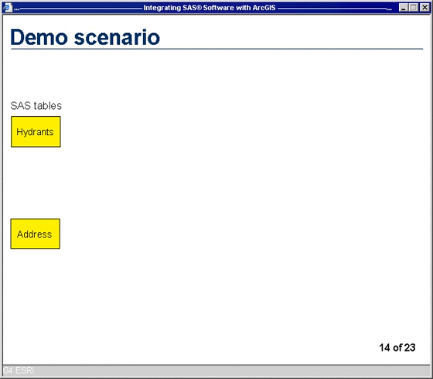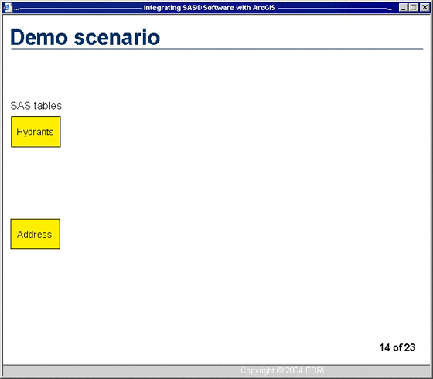In the demo that I'm going to do in just a moment, we're going to start off with two SAS tables. One of those SAS tables has the coordinates of where fire hydrants are located, X and Y values. The other table is a table that contains addresses. But both the address information and the hydrant information comes from an area that had a wildfire burn through in Southern California in fall of 2003.